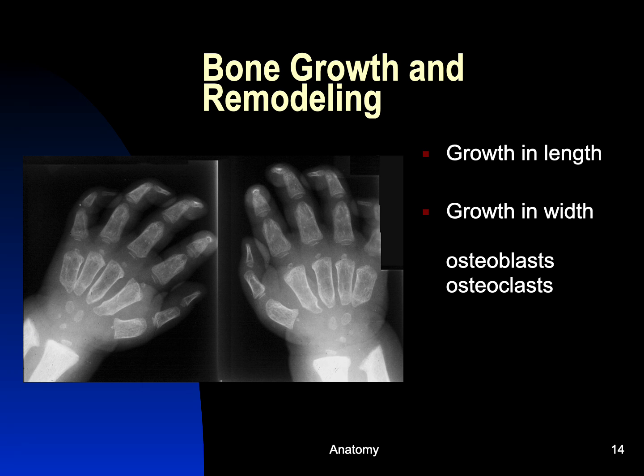It looks like there's a gap between the bones of the hands and the fingers, but then you can see little dots there, and the gap between those dots is the epiphyseal disc, and those dots are the epiphyses. And so this is growth in length that occurs during your growing years.